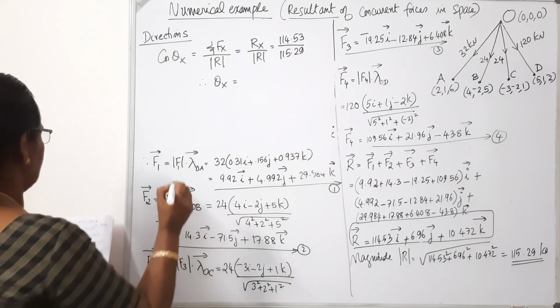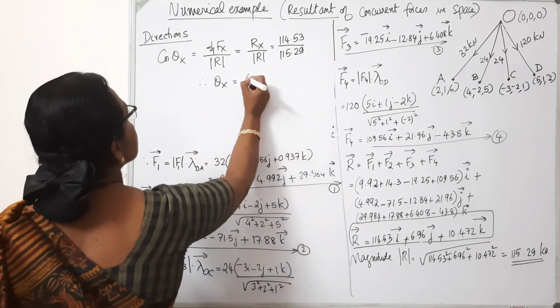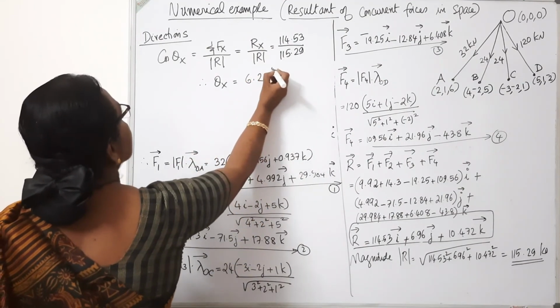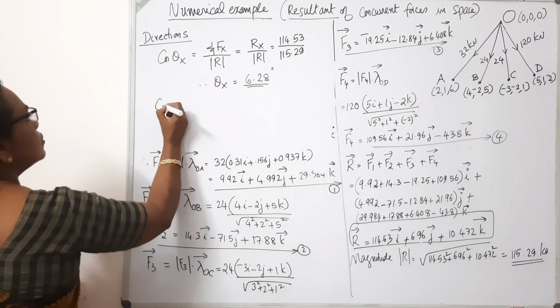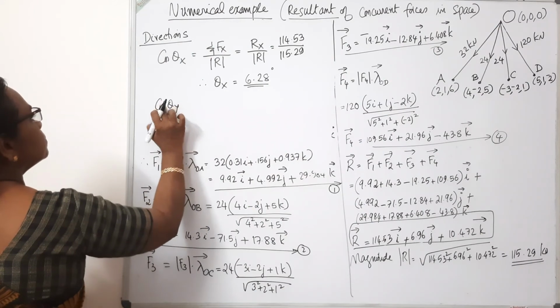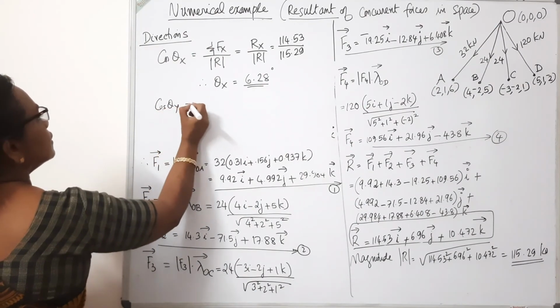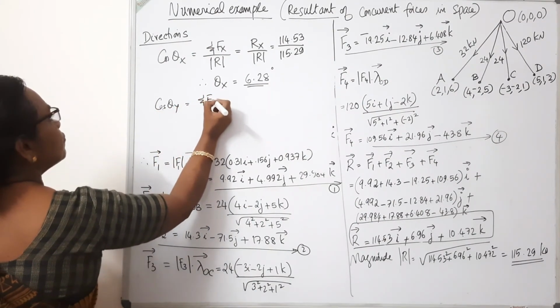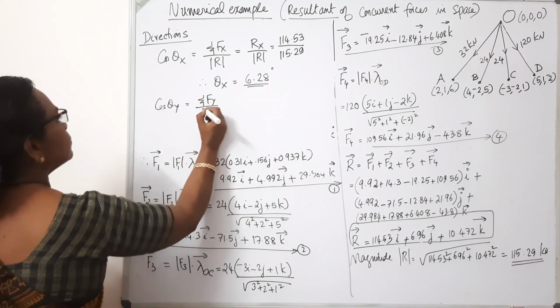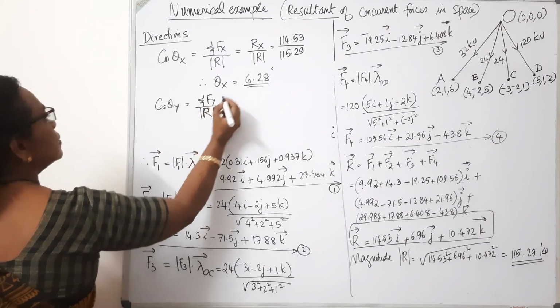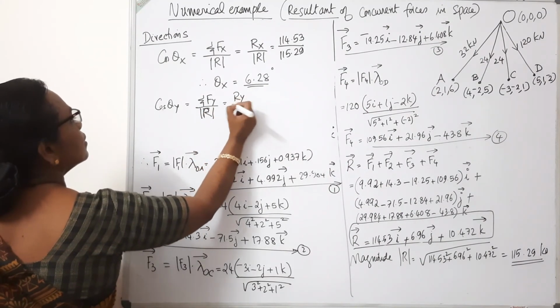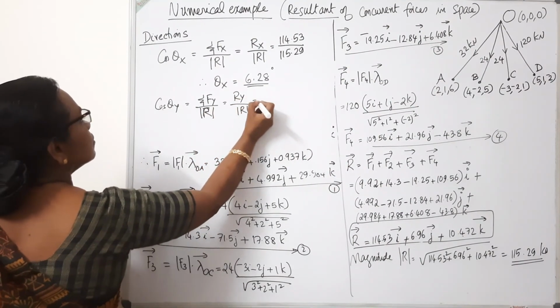You get theta x is equal to 6.28 degree. Similarly, cos theta y is equal to sigma Fy divided by R, or Ry by R. Both are the same.